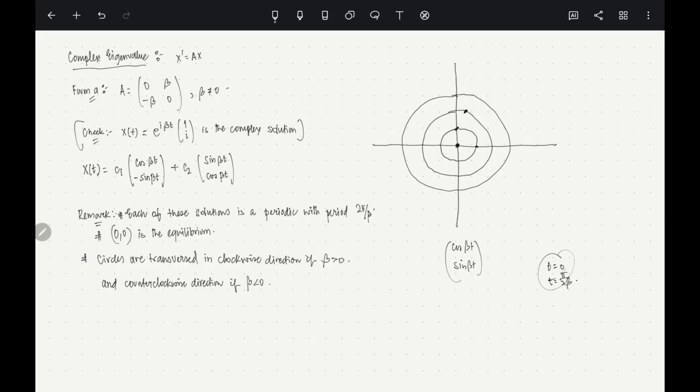As t tends to infinity, this is going from 1, 0 to, I hope everything is correct.